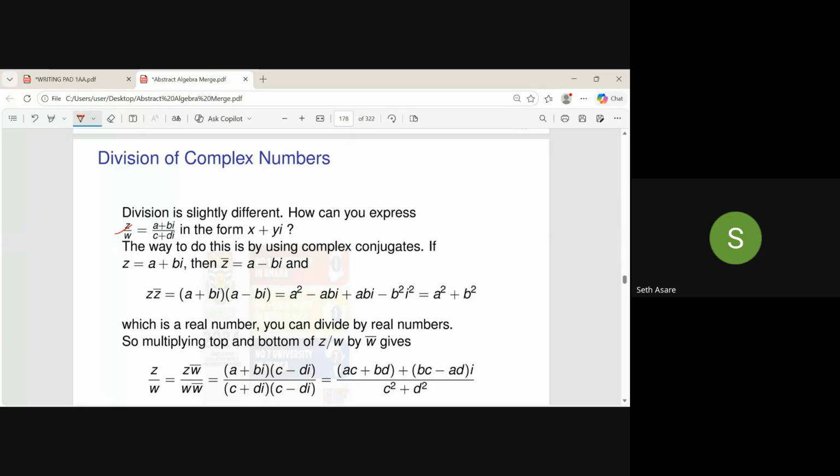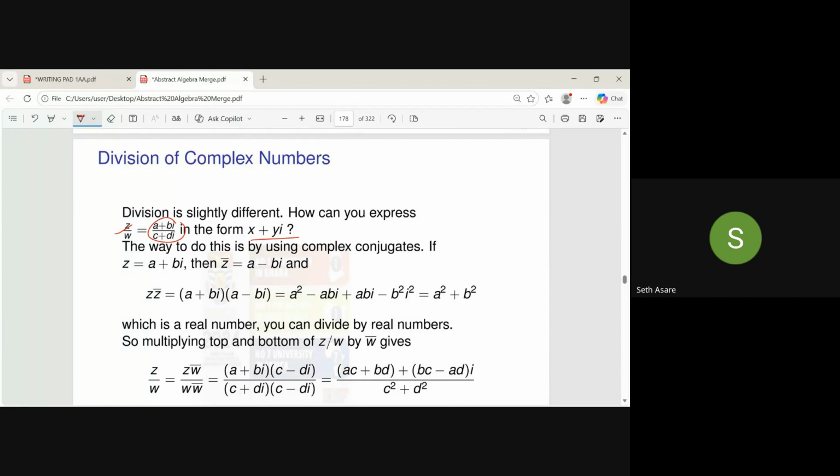It is a plus bi divided by c plus di, and we are to express this whole thing, this rational function, in the form of this. All right. So, like my sister said, if that is true, then let's use the conjugate approach and rationalize it.